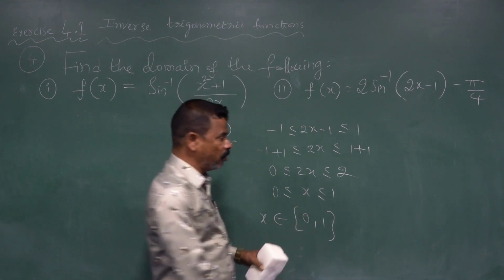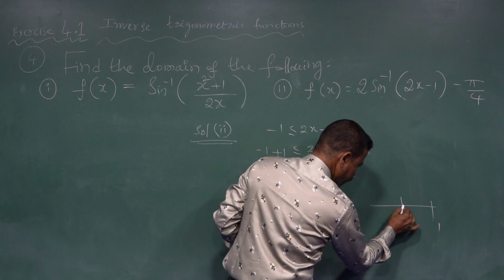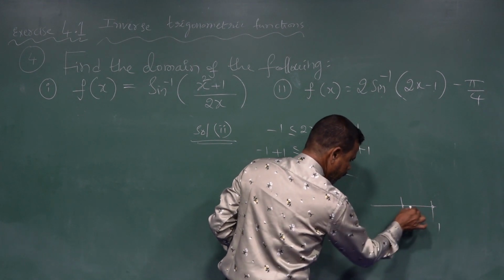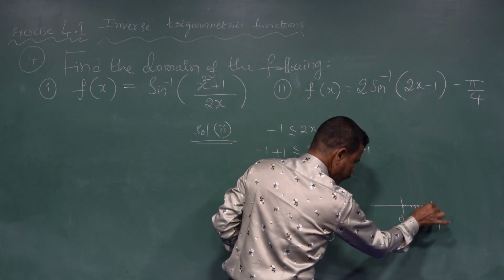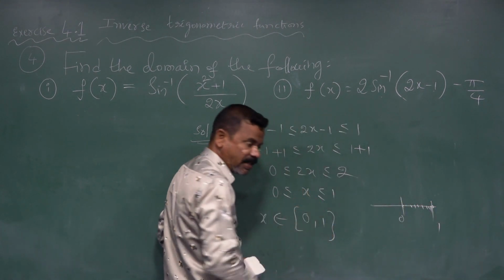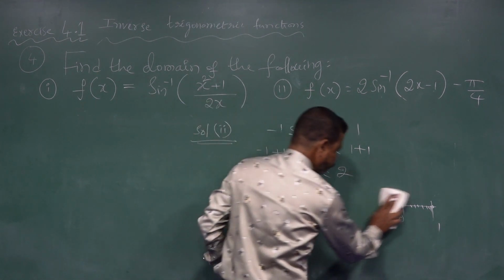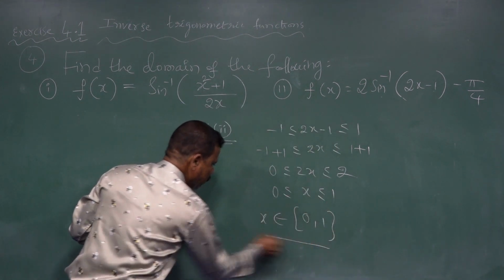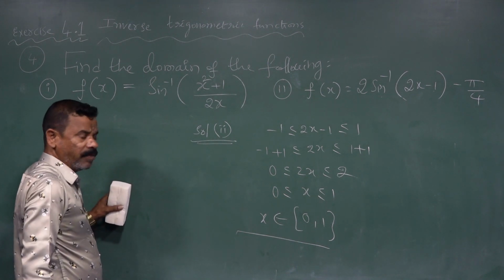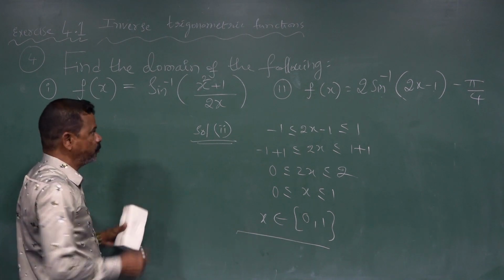Take the real line: 0 exists, 1 exists, and in between there are infinitely many values. 0 to 1 is a closed bracket. So the answer is, the domain is x belongs to 0 to 1.